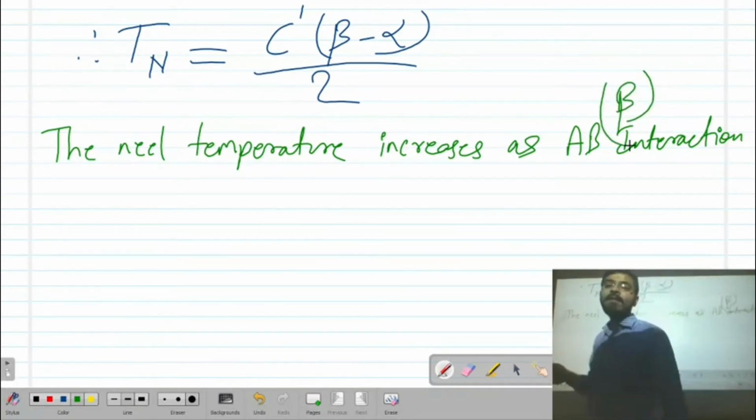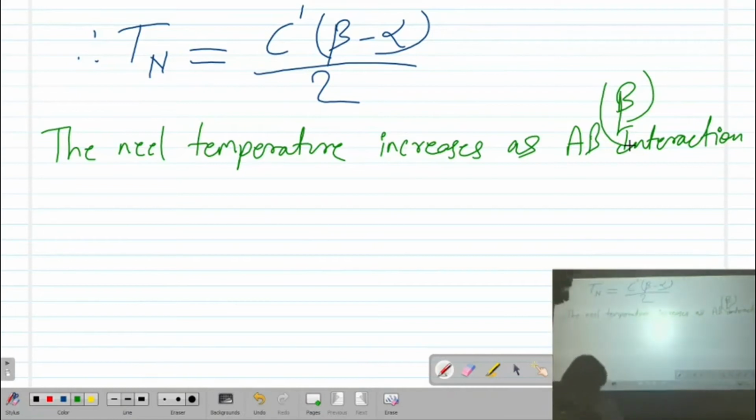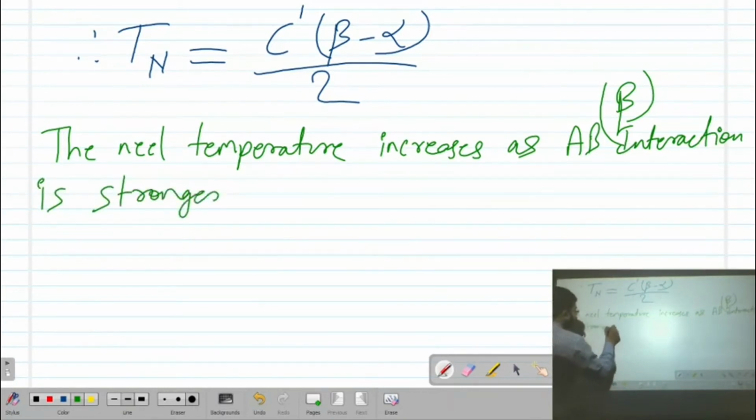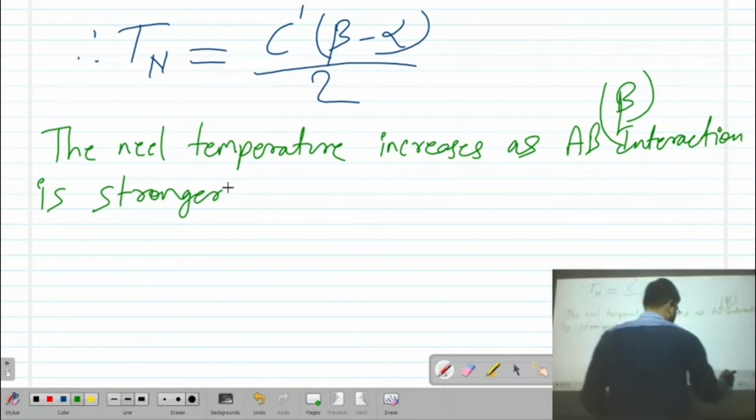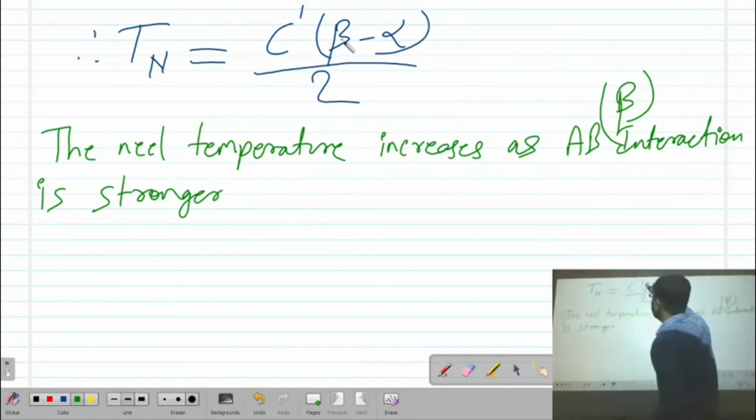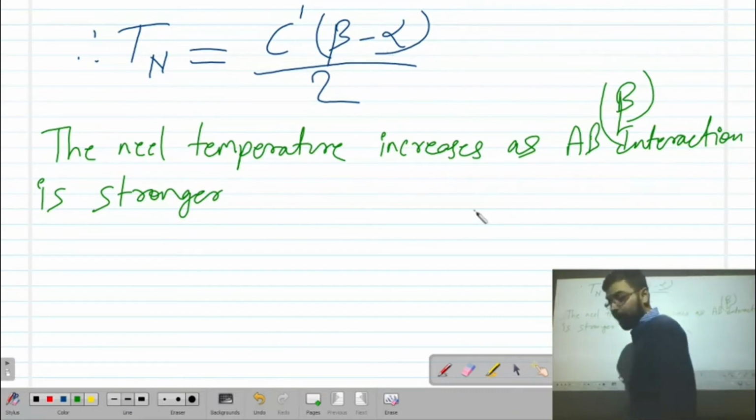If the AB interaction increases, the Néel temperature increases as beta is stronger. If beta is stronger, you will have a higher value, so the Néel temperature increases.